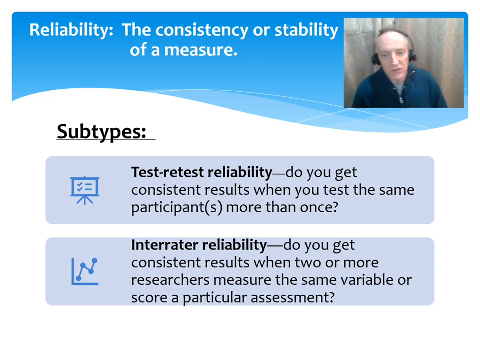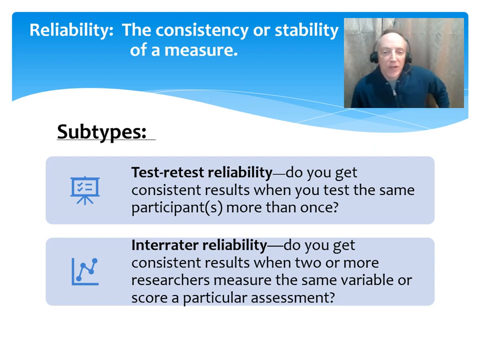So test, retest reliability would mean, let's say I measure you on a particular variable and I use a particular instrument, a particular test, and then maybe 6 months later, I measure you on that same variable using the same test. Do I get the same kind of results? That would be an example of test, retest reliability.